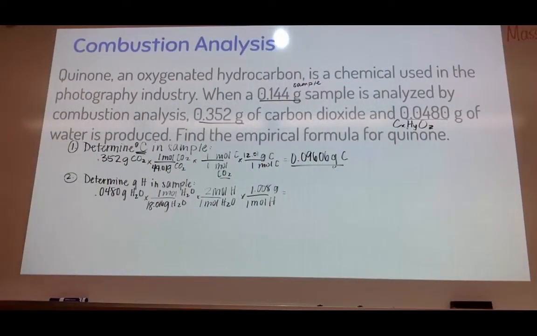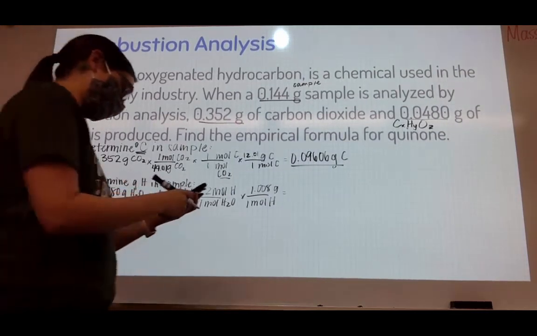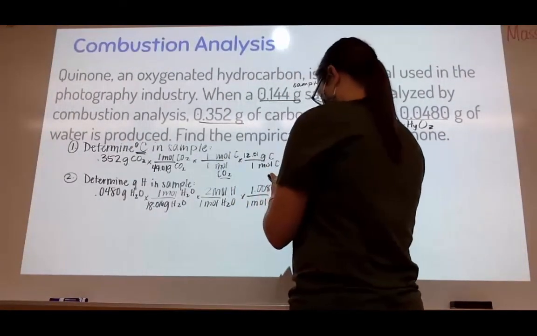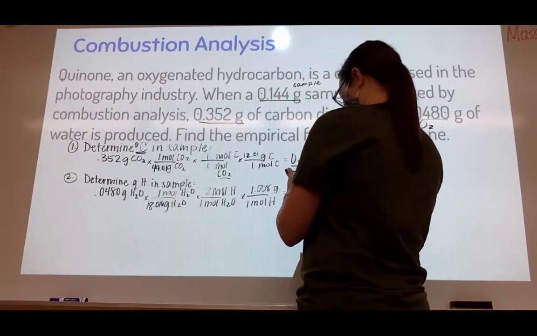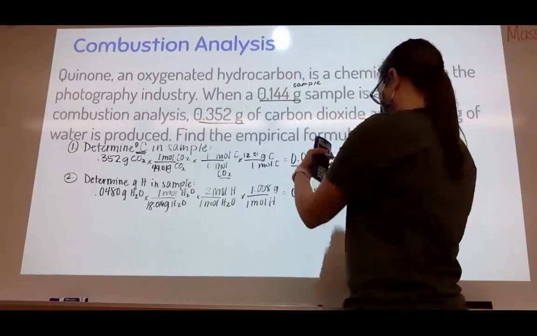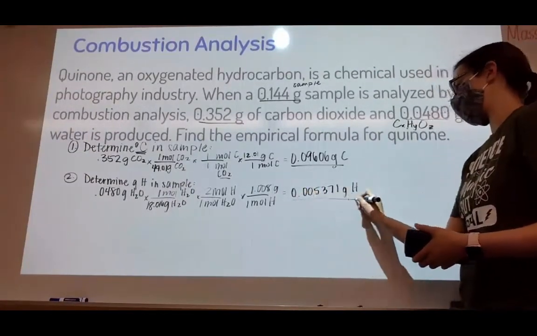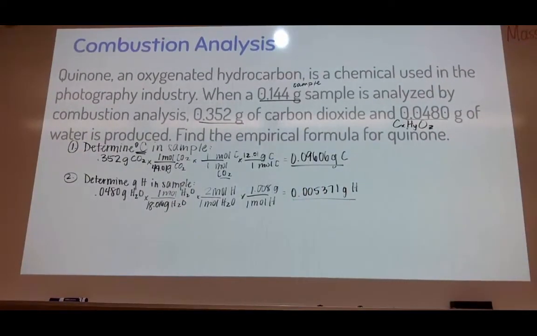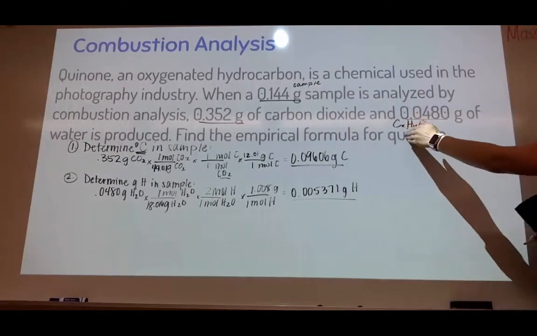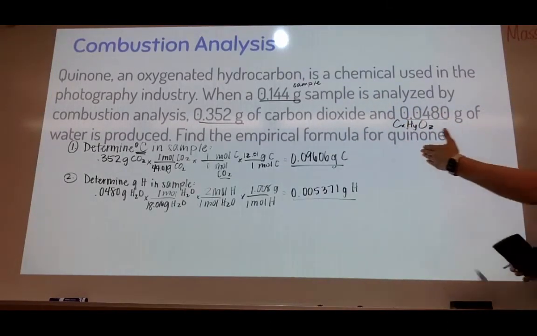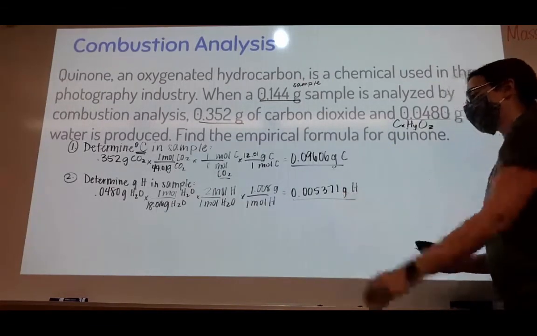Right, so 0.048 times 2 times 1.008 divided by 18.016 gives 0.05371 grams of hydrogen. So now we know in this sample that contains C, H, and O, we know how much carbon we have, we know how much hydrogen we have.